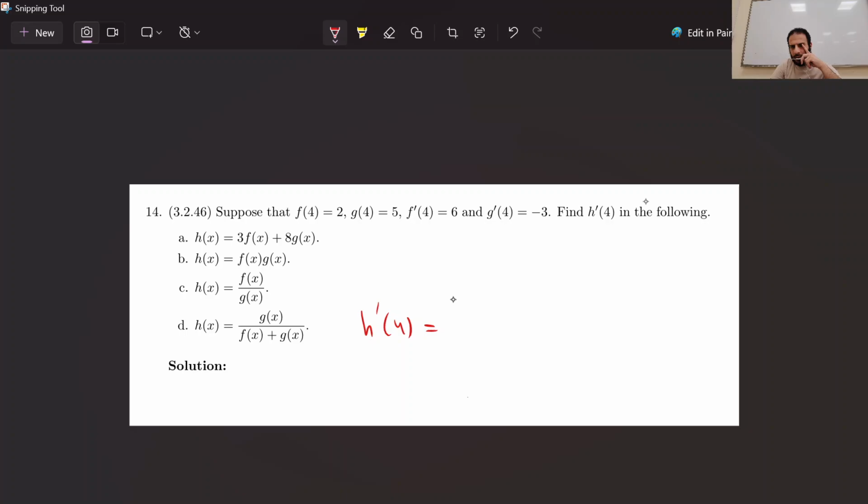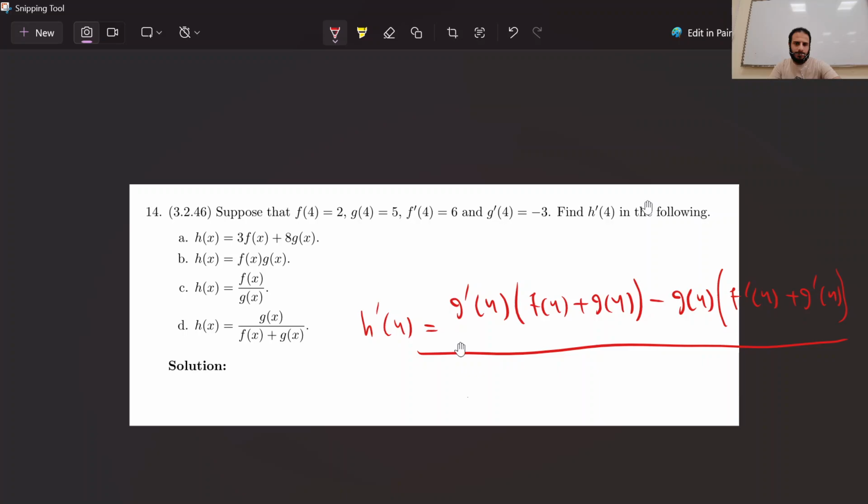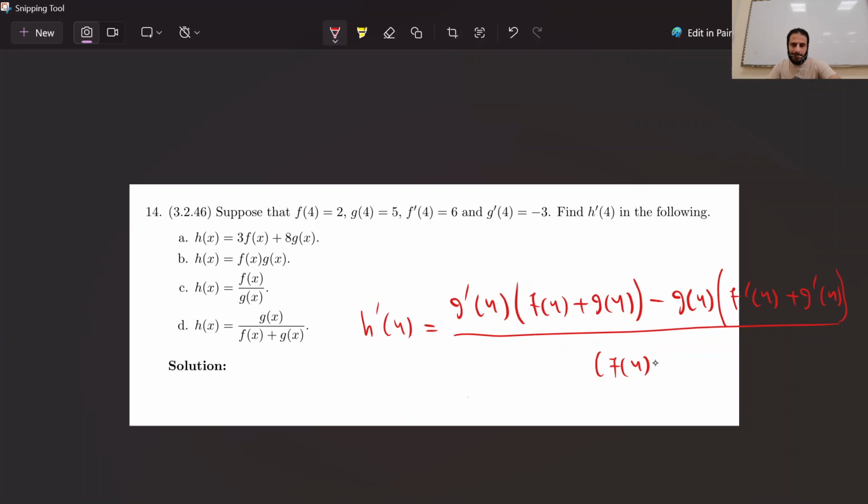We have g prime of 4 times f of x plus g of x, minus f of x g of 4, then write g of the other one, and then the other part primed, everything over f of 4 plus g of 4 squared.